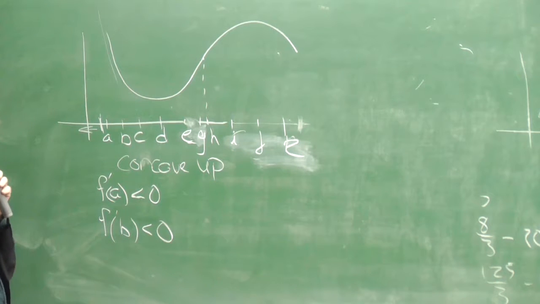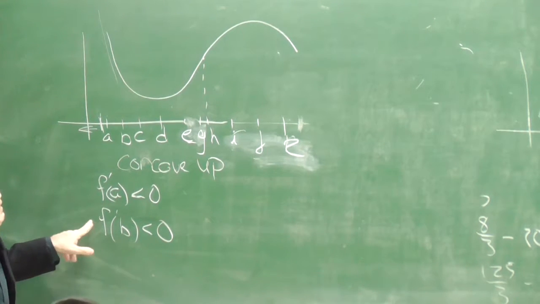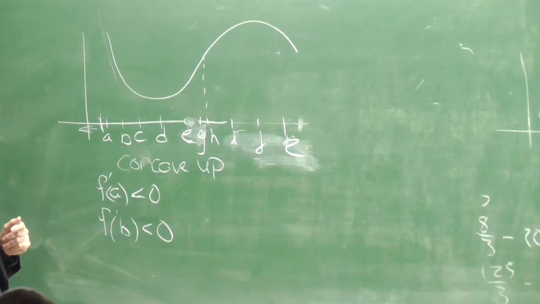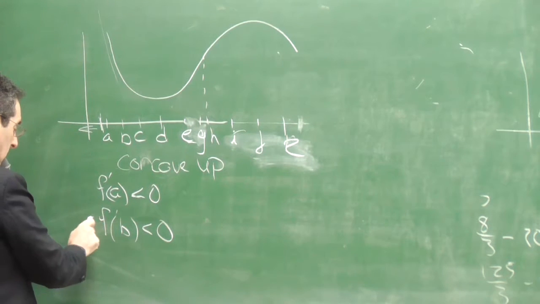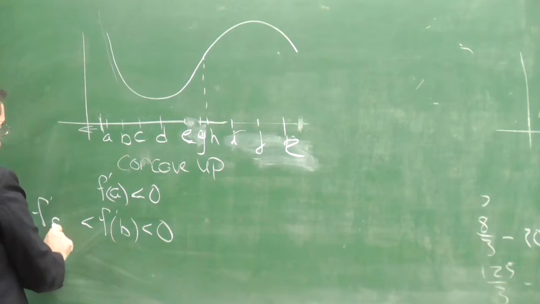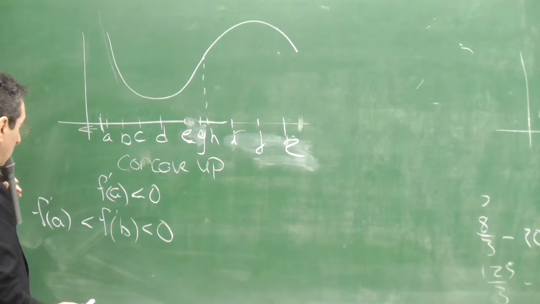But let's compare f prime of A and f prime of B. Is there anything we can say there? F prime of A is more negative than f prime of B, right? So how can we write that? F prime of A is less than f prime of B. That's true, right?